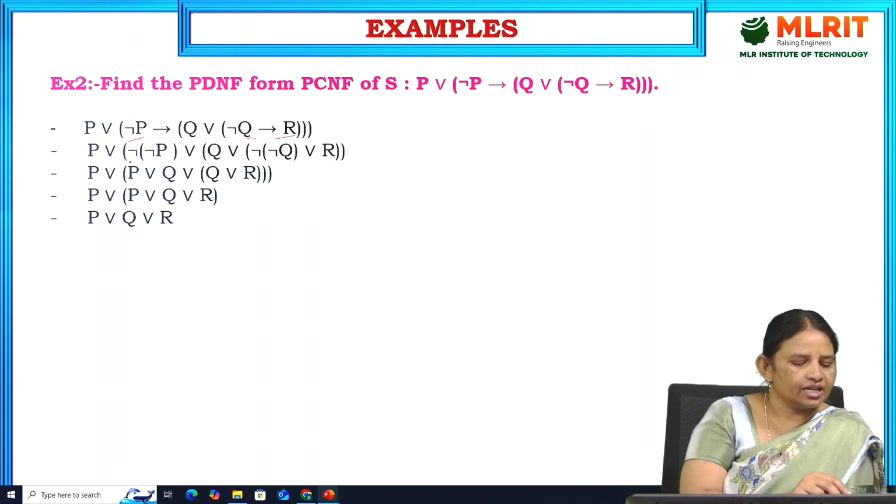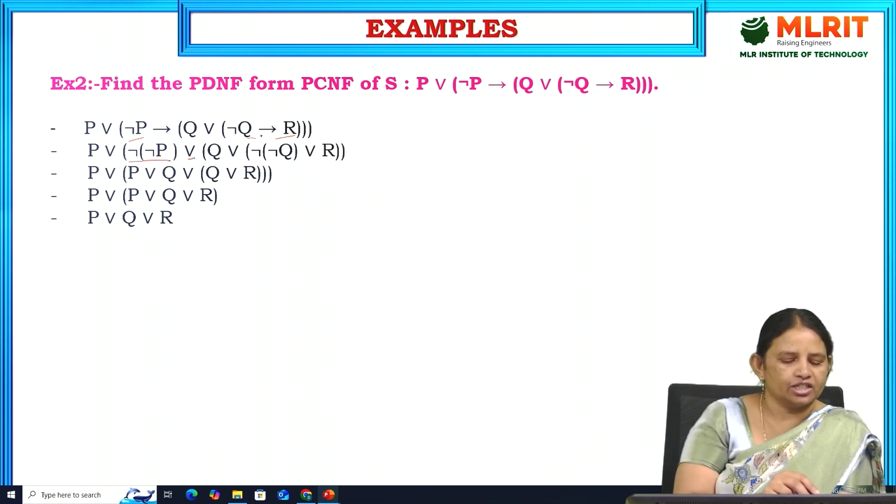Here it is a negation, P or Q, with the negation outside. Negation becomes P only, P or Q. Next, in the case of P or Q or R, Q or Q is Q only.